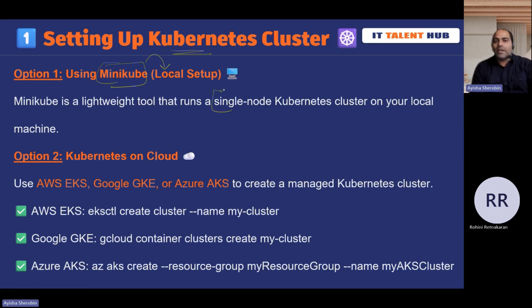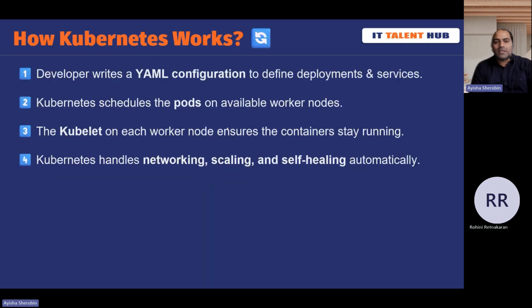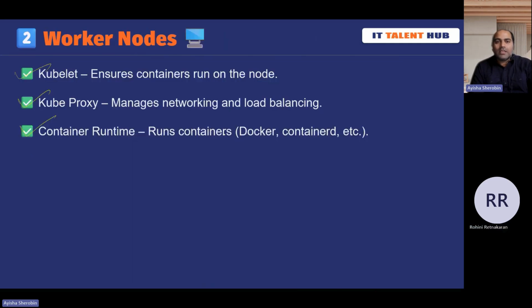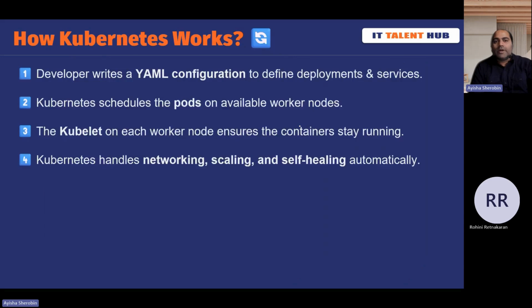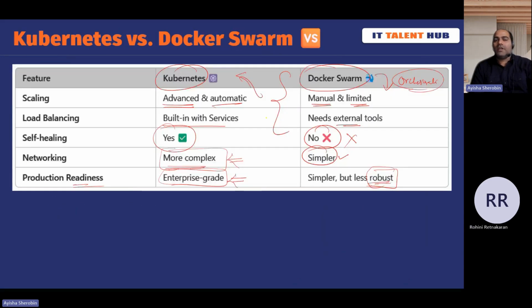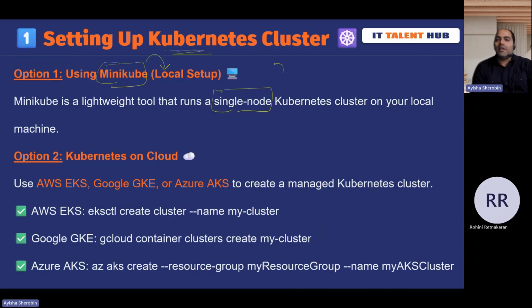Kubernetes, as we have seen in this architecture, has one master and multiple worker nodes, right? But to make it very simple for us to use locally and practice, we can go with a single node kind of Kubernetes cluster. We can't say it's a cluster, but single node.